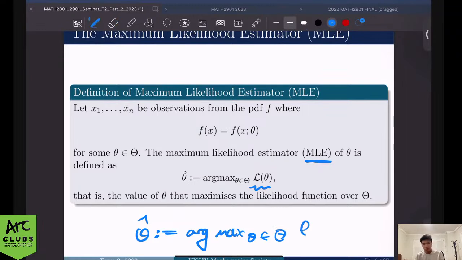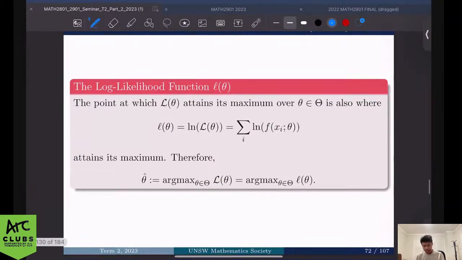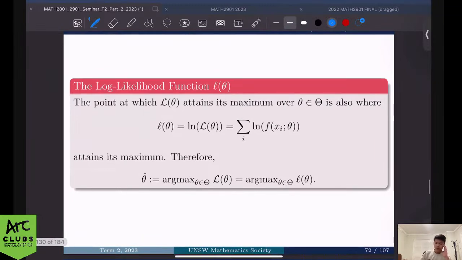Because if you maximize a number, you're also maximizing its log. So the point at which the likelihood function attains its maximum is also where the log likelihood attains its maximum. So the MLE can also be found by finding the maximum of the log likelihood function.